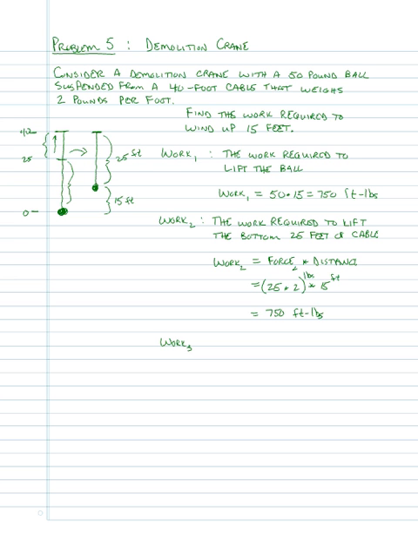But if we were at the 30-foot level, then that's only getting wound in 10 feet. So here we have a little more work to calculate, and pun not intended there. Okay, so this is the work required to wind in the top 15 feet of cable.